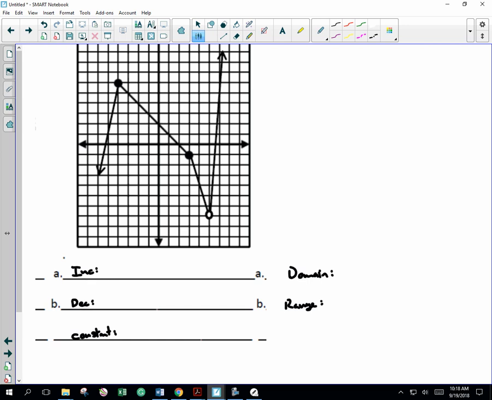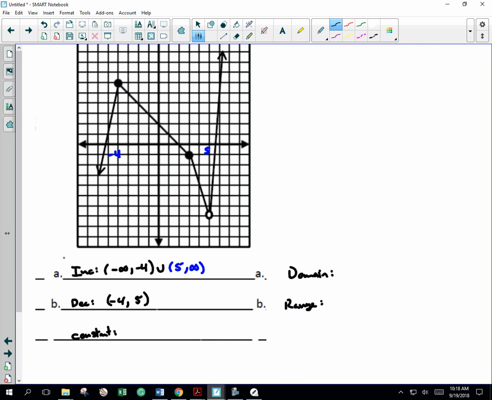Constant. This one doesn't have any. The domain. If I were to squish this graph onto the x-axis, hopefully you got, I'll do this in blue, you would get this blue drawing. So that blue drawing is negative infinity to 5, union 5 to infinity.